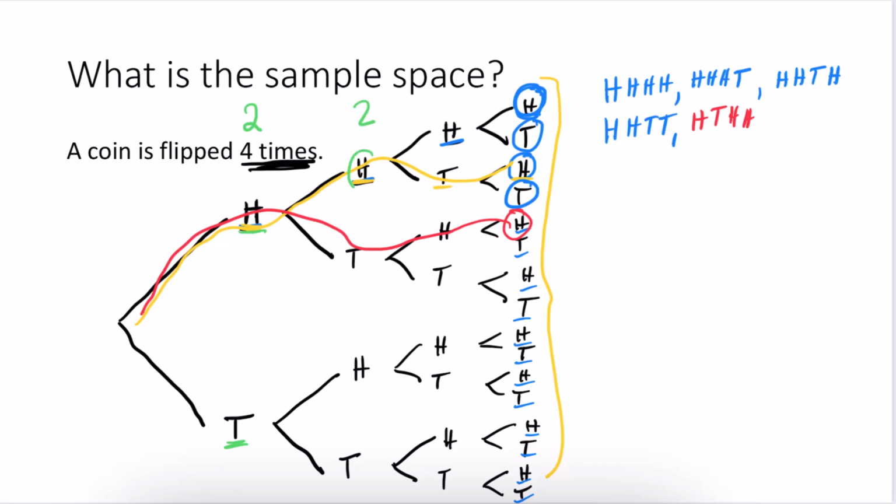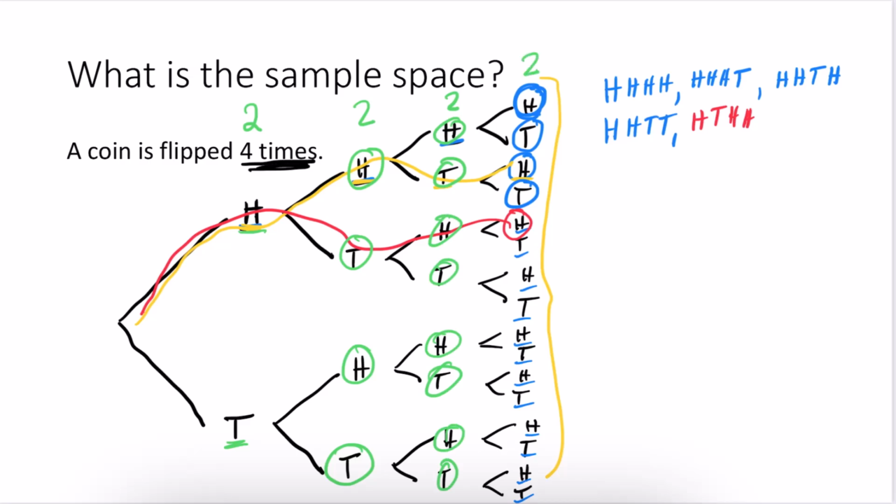And so we had a total of 4 choices altogether at the end of our second coin flip. Then again, we had 2 choices for our third coin flip, and those 2 choices were branching off of each of our previous 4 choices. And so then we had a total of 8 choices altogether. And then for the last one, again, we had 2 choices.